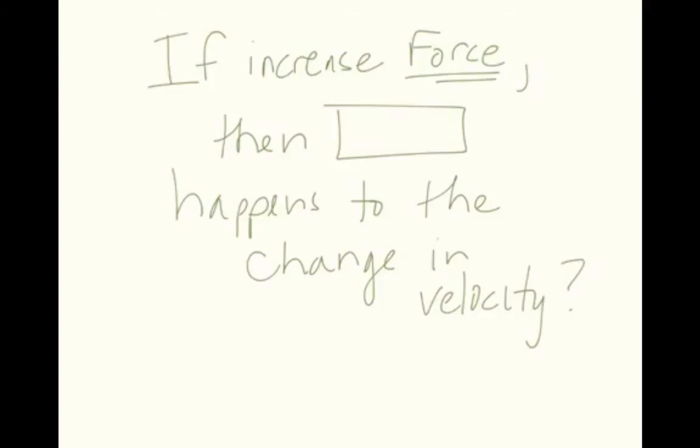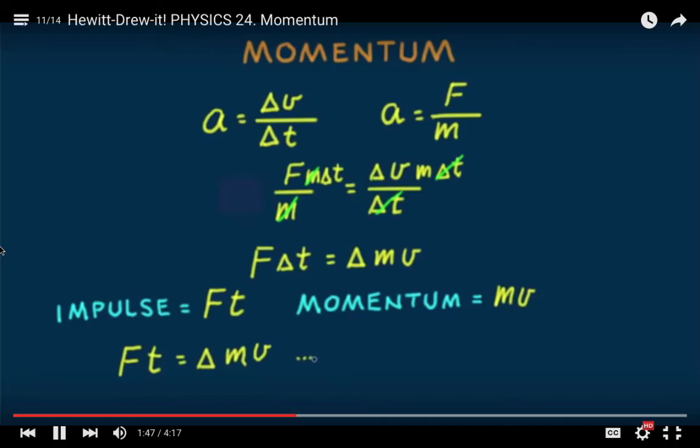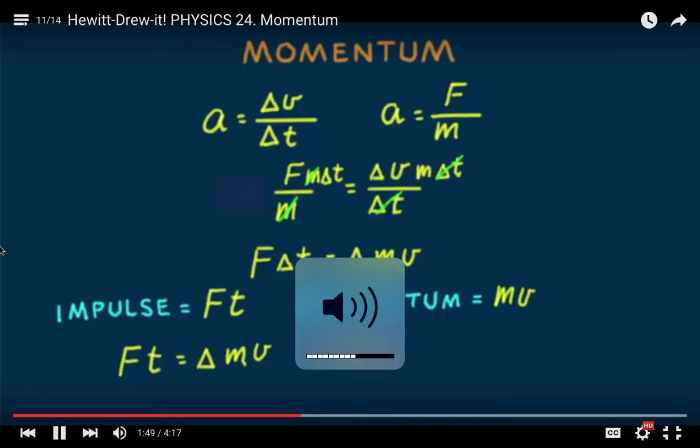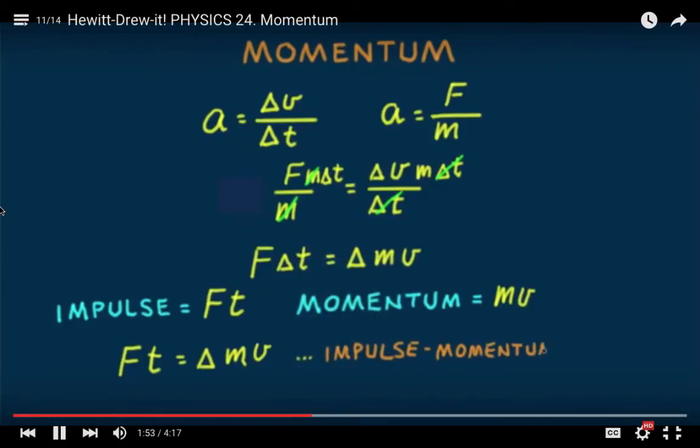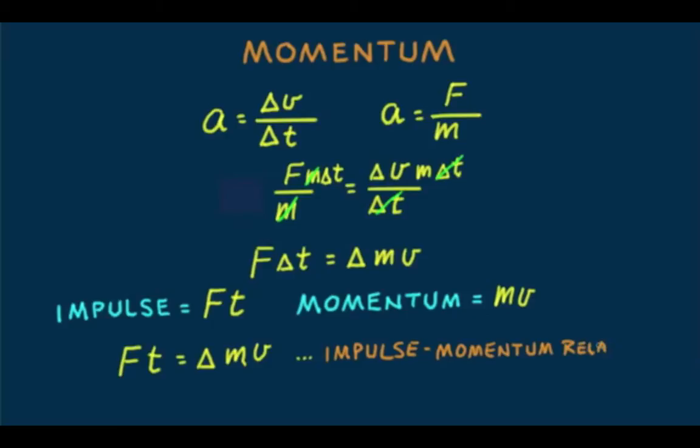What happens if you increase the force to the velocity? We say the impulse exerted on an object changes the momentum of the object. Ft equals delta mv is called the impulse-momentum relationship.